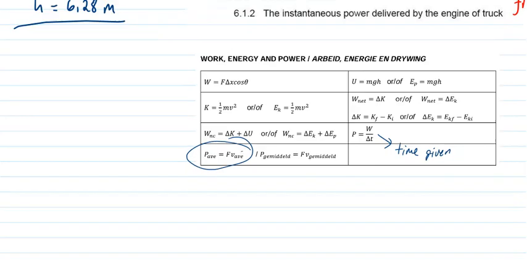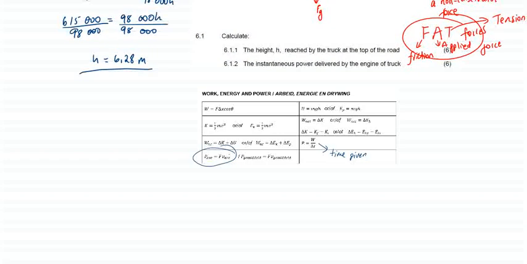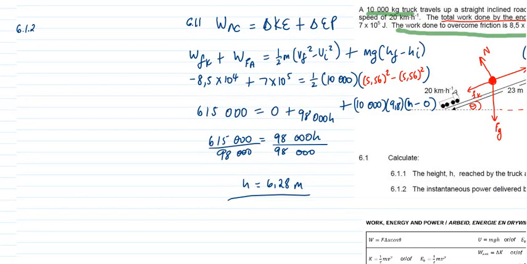So I'm gonna write it here, P average. So let's write it this side, 6.1.2. Now P average is gonna be the force, which is the net force, or just the force, and then times the average velocity.